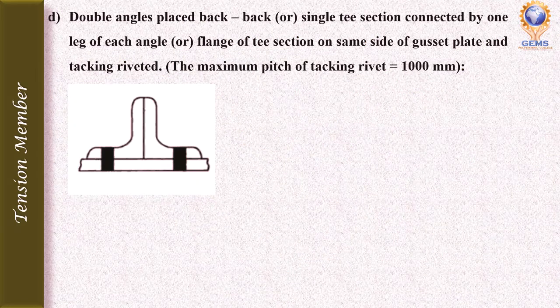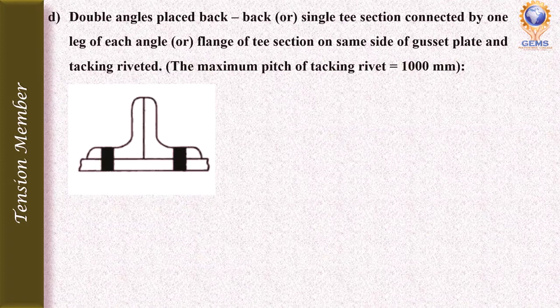Next is, if double angles are packed back to back, or a single tie section connected by one leg on each angle, or the flange of a T section on the same side of the gusset plate and tacking riveted, what will be the net sectional area?